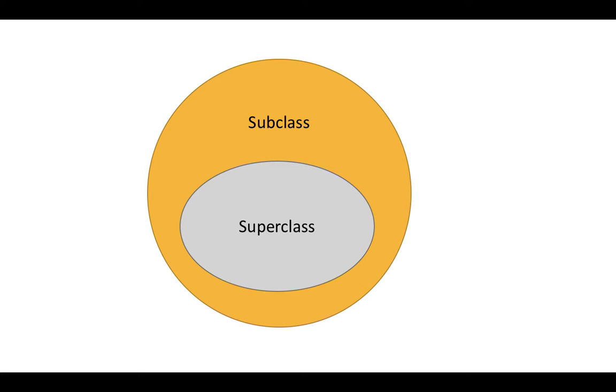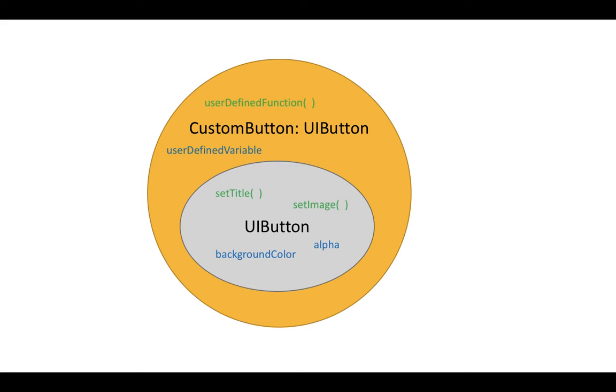So let's see an example using Swift. Inside Swift, we know that there is this thing called UIButton, and inside the UIButton, there are predefined functions like setTitle, setImage, and there are also predefined variables like backgroundColor and alpha.